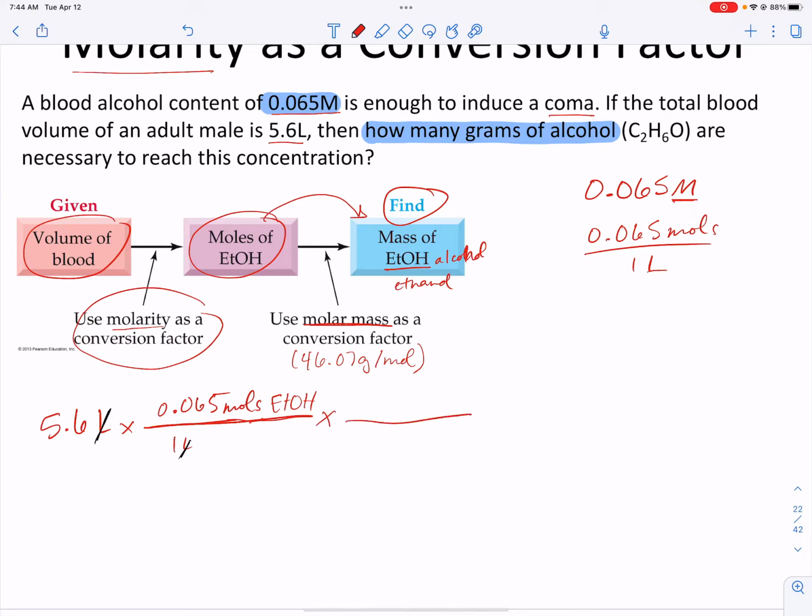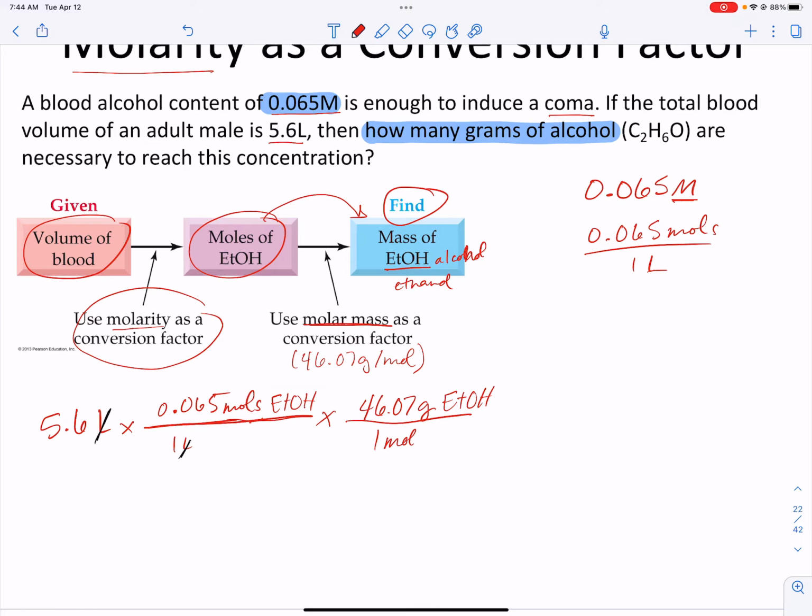And now I'm going to plug in the molar mass to convert from moles to grams. All right, so I'm going to plug in for every 1 mole, there's 46.07 grams of ethanol, which is the alcohol.